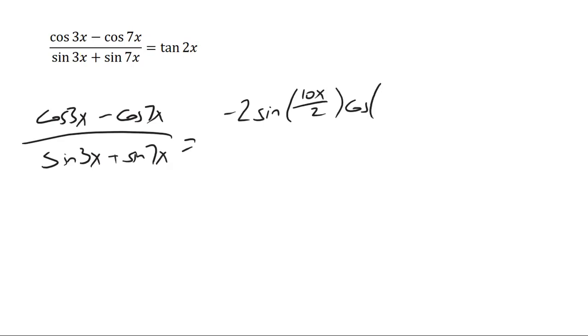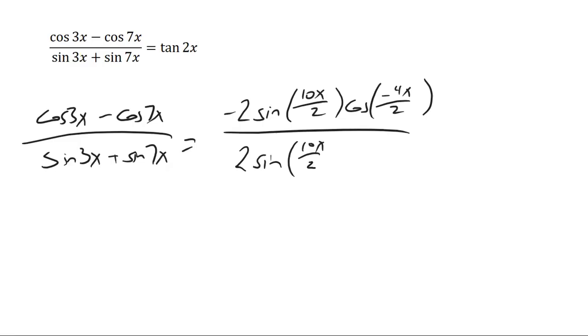Cosine of the difference, 3x minus 7x, that's minus 4x over 2. Over sine A plus sine B, that's an identity as well, is 2 sine of the sum and cosine of the difference again. Okay, so clearly these twos cancel. You're left with those over there.